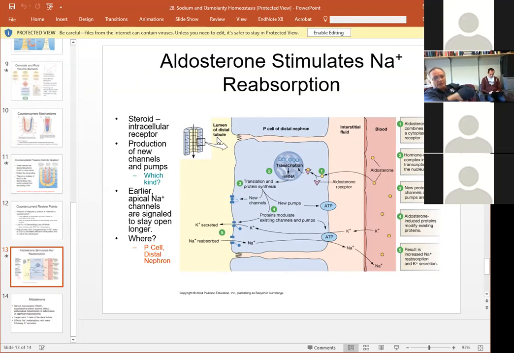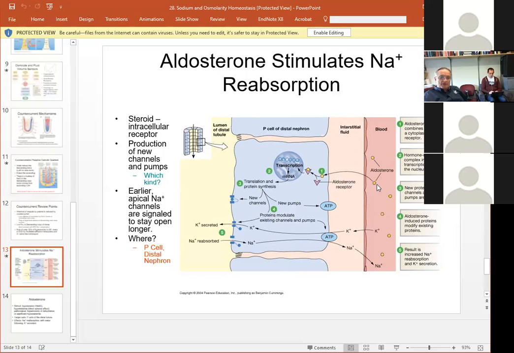The idea is, after you've got most of the sodium reabsorbed, let's check and see if we have to fine-tune the sodium so that we get the right osmolarity. It's also important for governing the potassium concentration. And so it's best to think of it as a hormone that helps maintain homeostasis through a modulating effect.